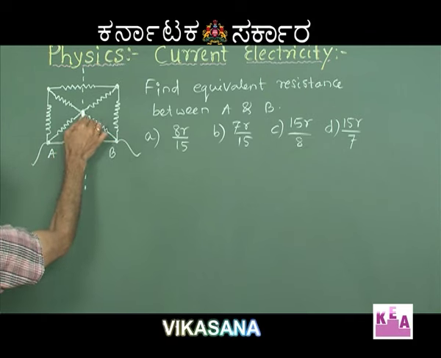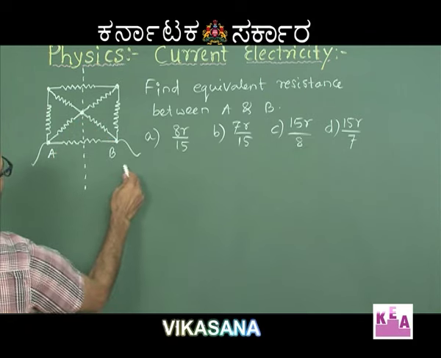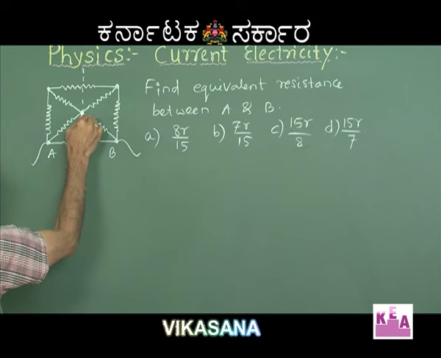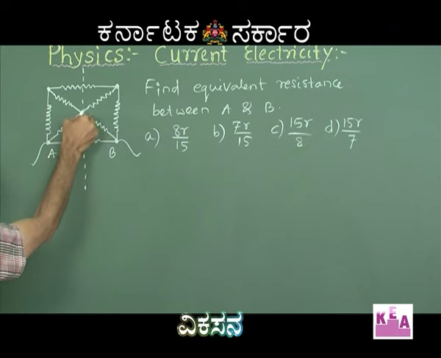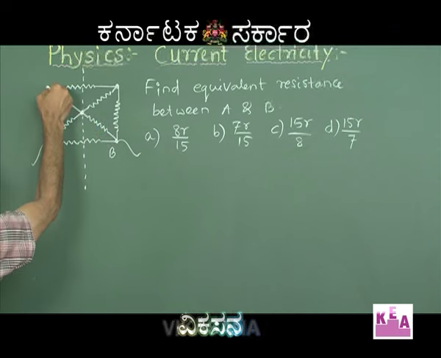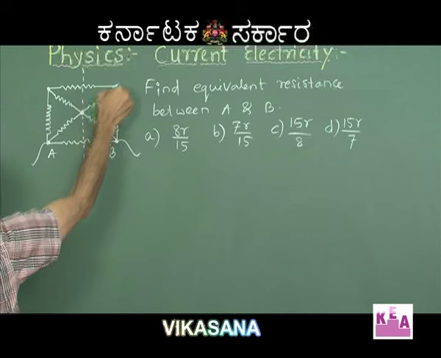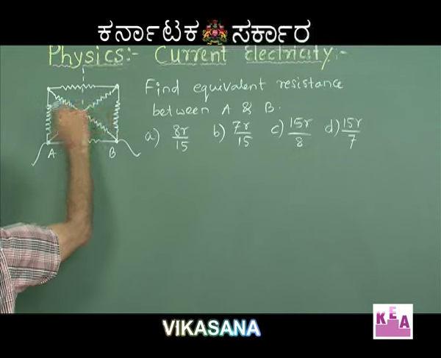So I will remove this joint and I will redraw the circuit, because this joint has created a problem. It makes us feel that the current has a scope here to get divided at this particular joint. But now we know very well that whatever current flows through this should flow through this, because they are the mirror images of each other.